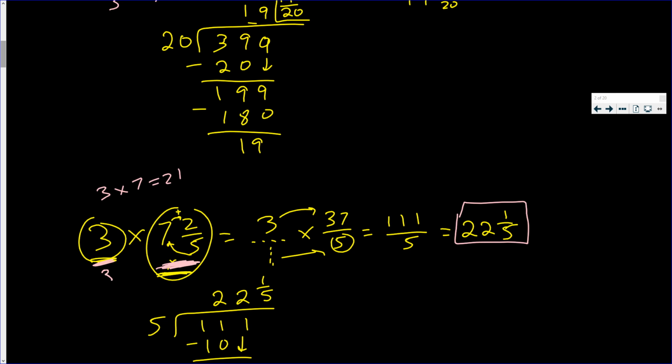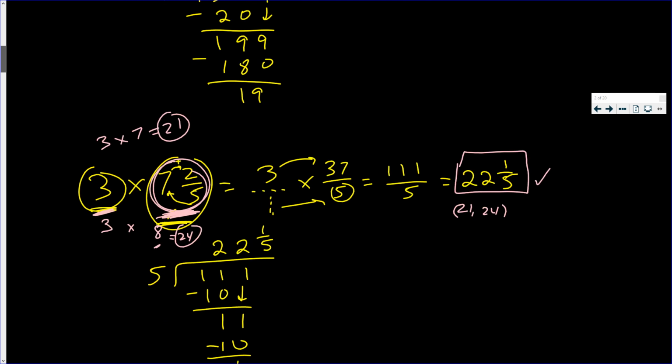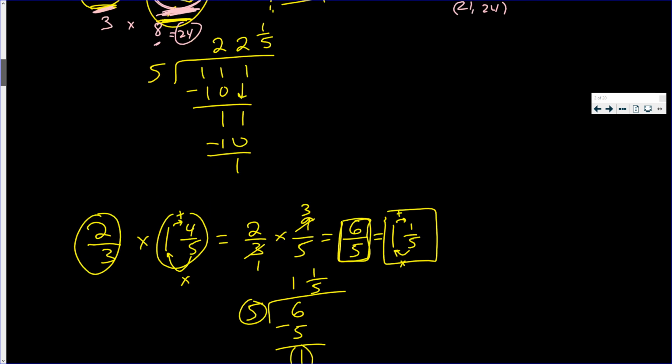I'm going to keep this 3, but the upper bound would be 8. 8 is bigger than that number. 3 times 8 is 24. The answer should be between 21 and 24. And that is what it is. 22 and a fifth is in between.